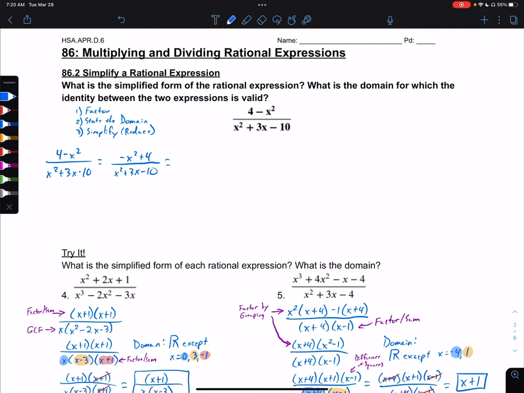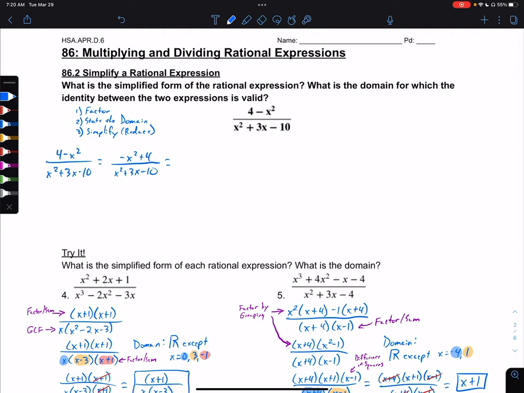The next thing is that in my numerator, my first term is negative, and I really don't want that to be the case. Whenever we're factoring, whether we're using the AC method, the factor sum method, or difference of squares, it's always easier and more favorable if the leading term is positive.